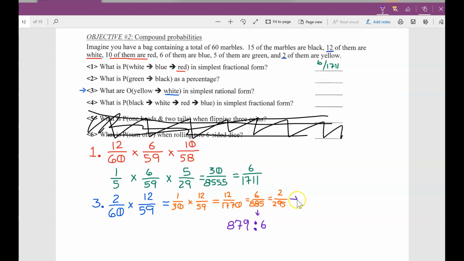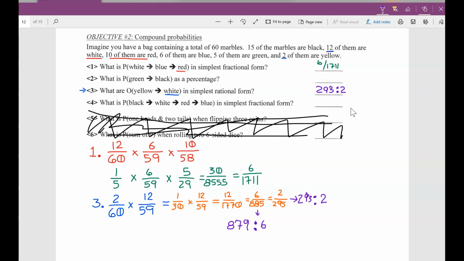What about 2 over 295? Well, there's 2 ways to win. That goes on the right. Losers on the left. 295 minus 2 is 293. So the odds of drawing a yellow followed by a white without replacement is 293 to 2.